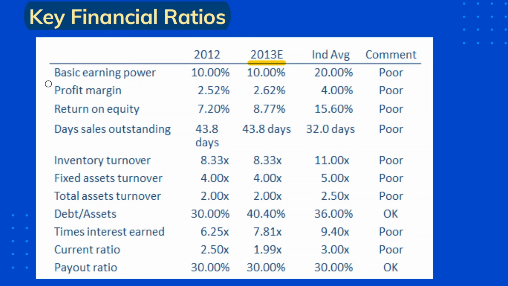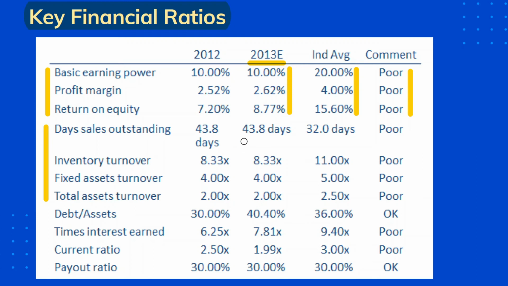The first part of the financial ratios represents profitability ratios, which in 2013 don't look too good when we compare with the industry average. The second group of ratios represents asset utilization.